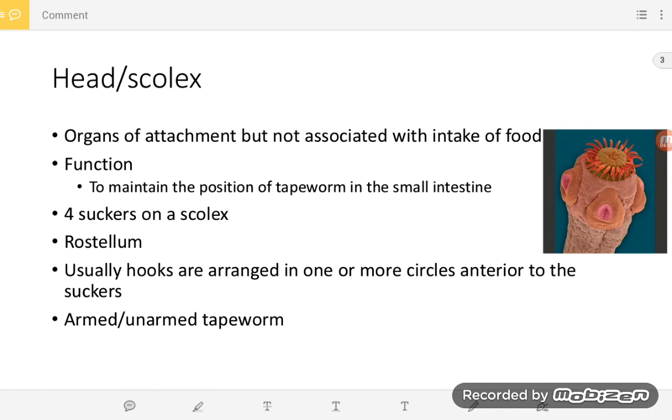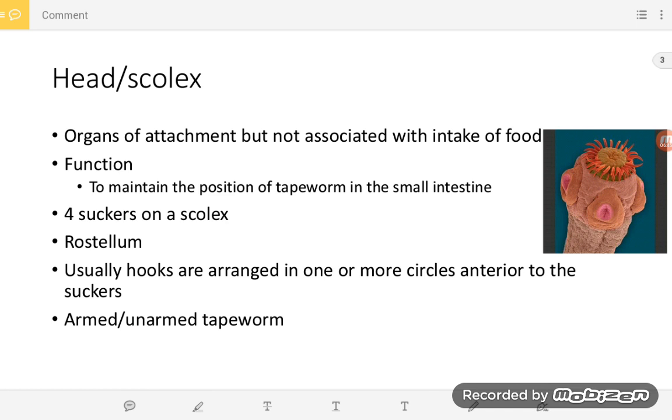The scolex contains 4 suckers, and in some species we can observe the rostellum. Usually hooks are arranged in one or more circles anterior to the suckers. The hooks are arranged in 1 row or 2 rows, and we can see the suckers around the head part.